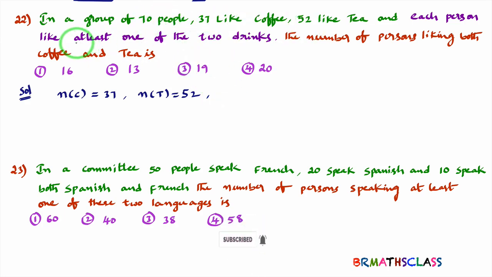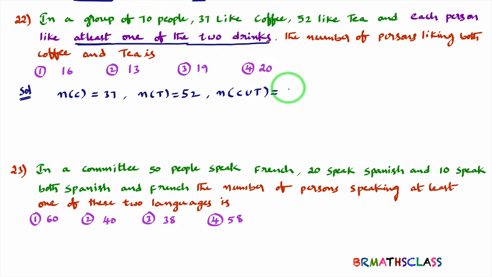So here you observe once again, at least is there. At least one of two drinks. Whenever you see this, you need to understand C union T is given. What is C union T? In this group, how many people are there? 70 people are there. So this is the important information you need to understand. Once you understand this, the rest is very easy.